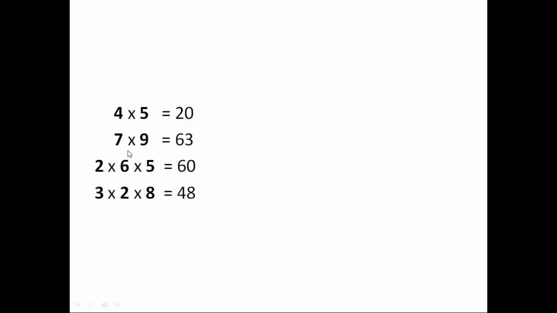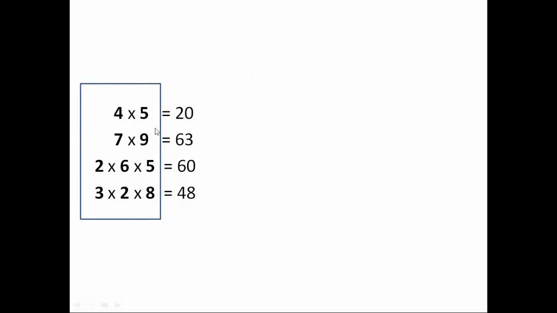Let's look at some more examples. 4 times 5 is equal to 20. 7 times 9 gives us 63. 2 times 6 times 5 gives us 60. 3 times 2 times 8 gives us 48. So here these numbers that are being multiplied to get this final product are the factors.